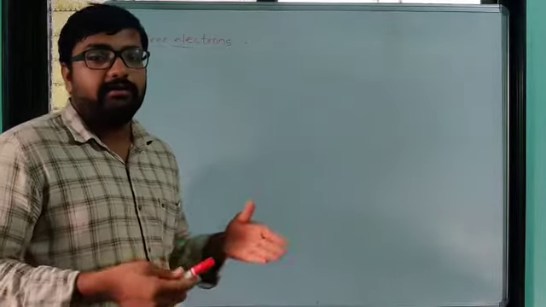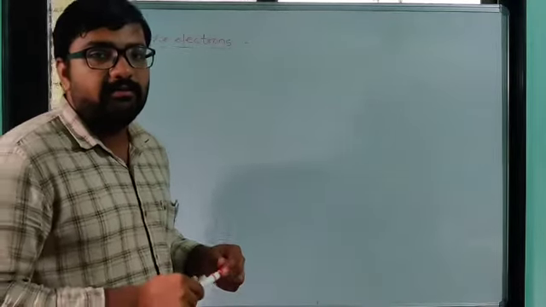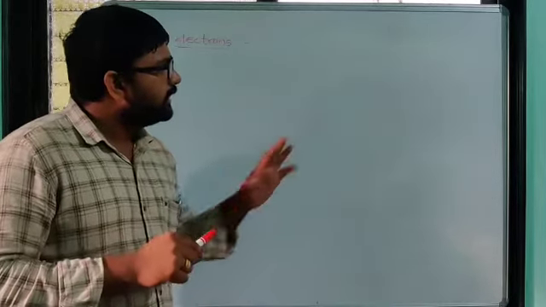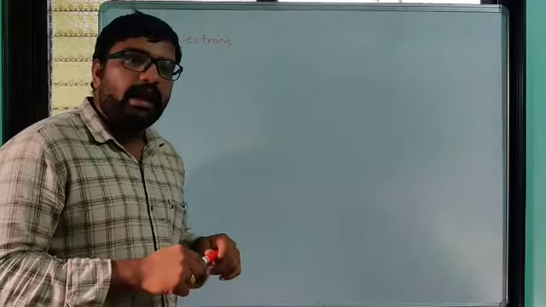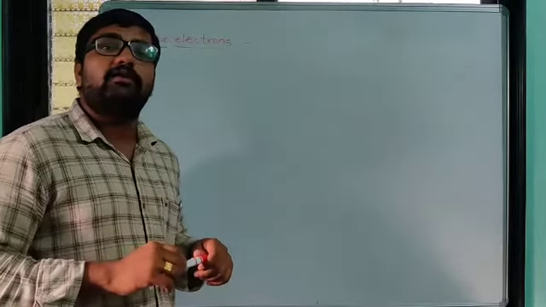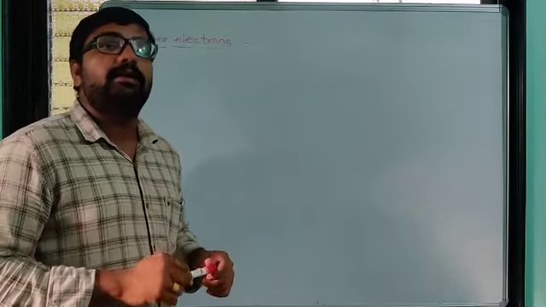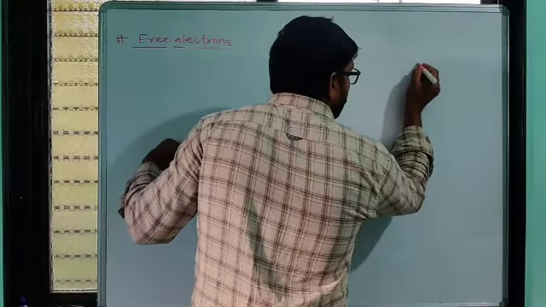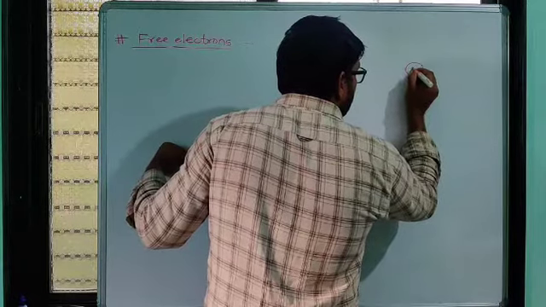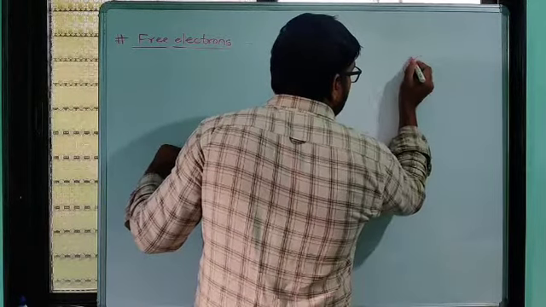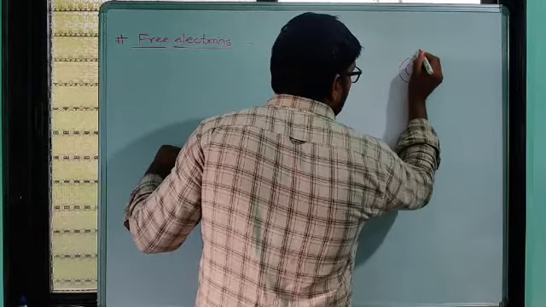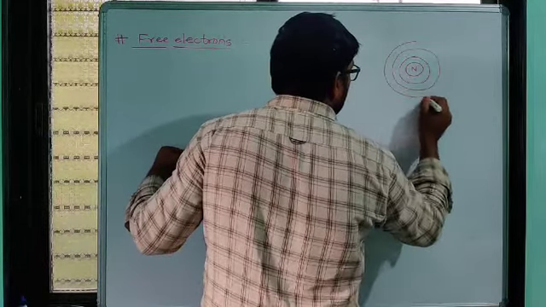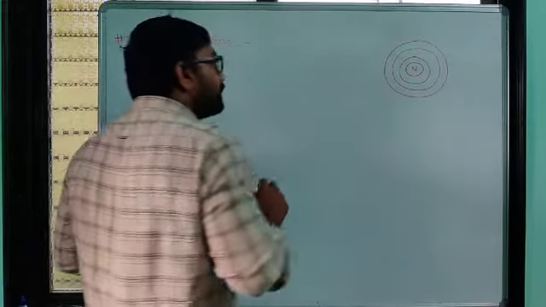Atom is simply the smallest indivisible part of any substance. Now if we consider an atom and try to understand the atomic structure of an element, we will see that this is the nucleus of the atom, and the electrons revolve around it.